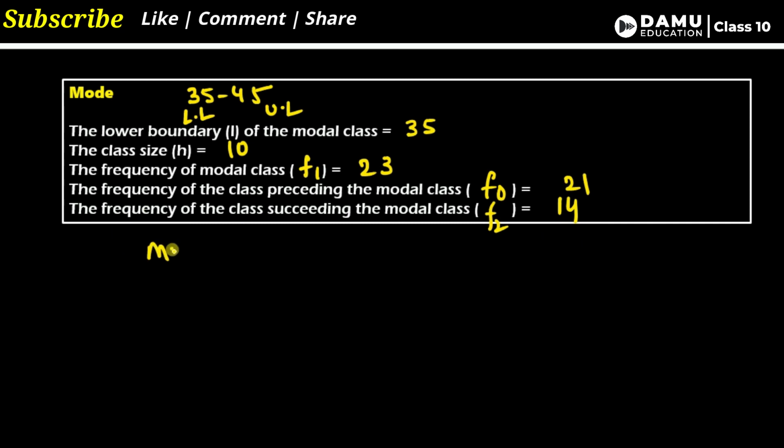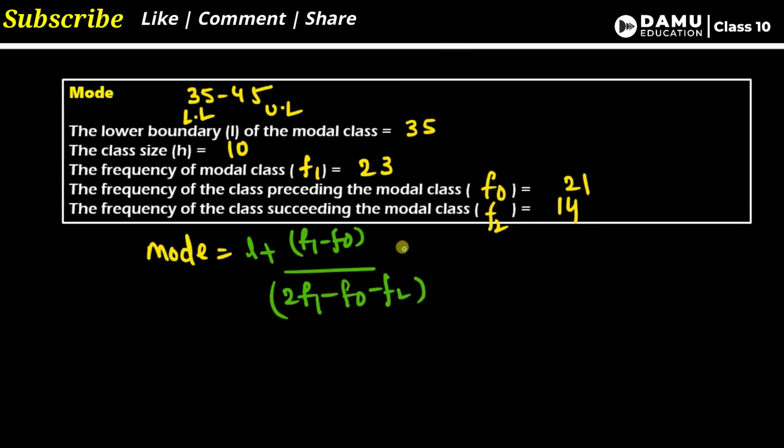Mode will be equal to L plus (F1 minus F0) over (2F1 minus F0 minus F2), into h. First we calculate F1 minus F0. F1 is 23, F0 is 21, and the difference is 2.